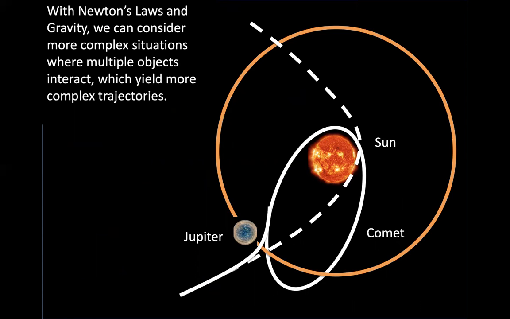And that's not always true. Sometimes when objects fly close to other bodies, you actually do have to consider the gravitational interactions not only with the sun, but also with, say, Jupiter. And this can produce more complex trajectories. So these rules are useful, but they should not be overextended.